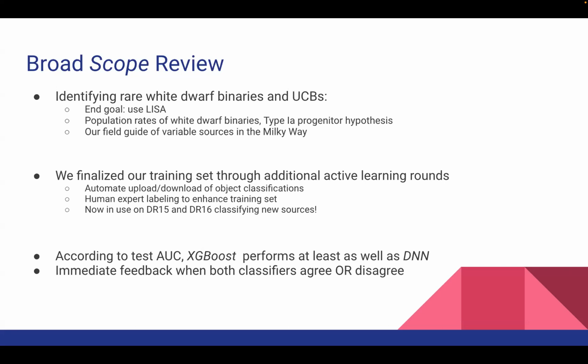And now we can run this XGBoost in parallel to DNN to classify new objects for which we don't know ground truth. According to test AUC, XGBoost performs at least as well as DNN, so it's looking quite promising to be able to compare whether or not they agree and verify if we need to go train one or both of them again.